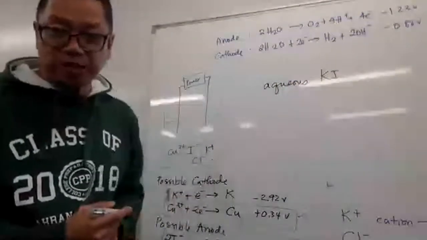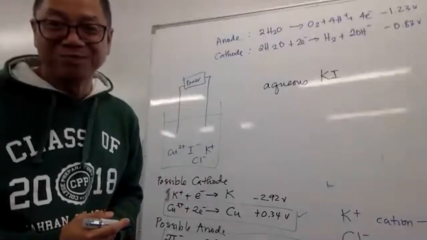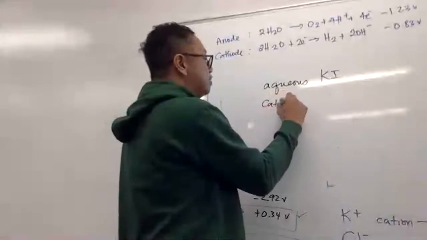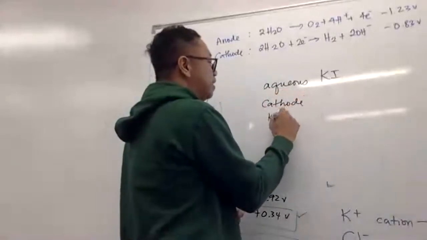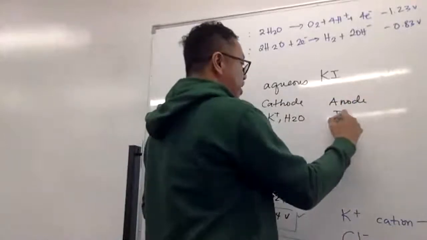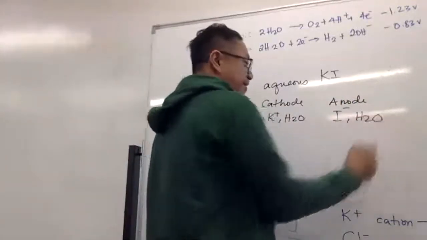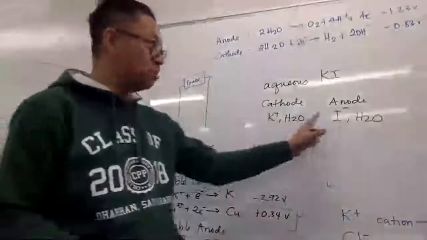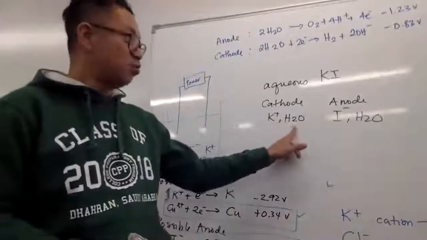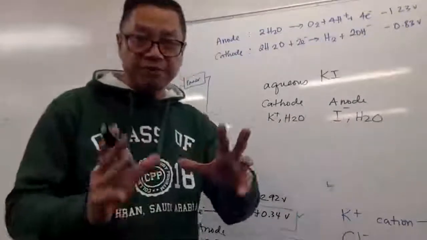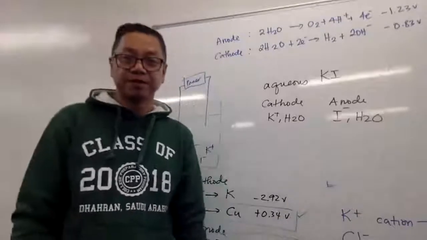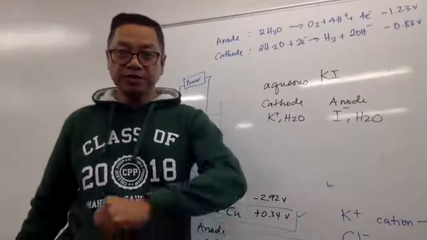For your cathode, you'll have K plus and water. For your anode, I minus and water will compete. So that will be your competition. So K plus and water for the cathode. Every time it's aqueous, always include water. Okay, guys? Are we good?